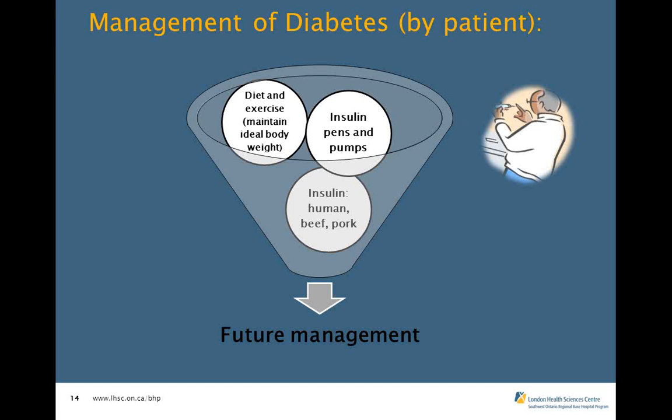The reason that we're so interested in treating diabetics is mostly because of the potential complications that occur when diabetes isn't treated, and these can be divided really into about three things.